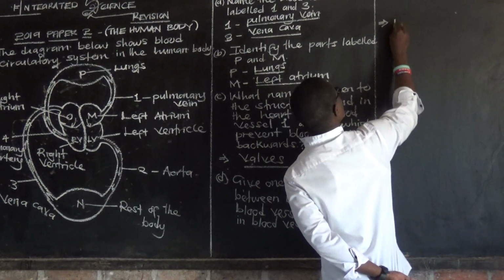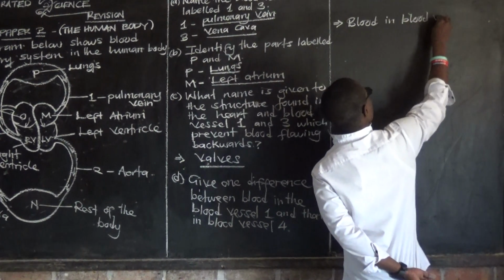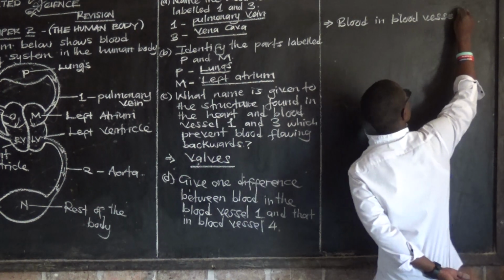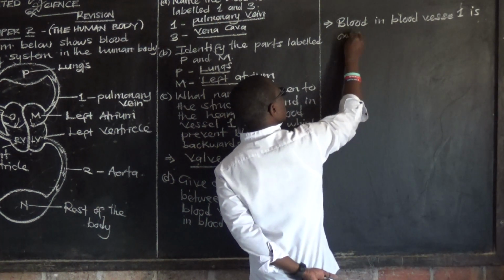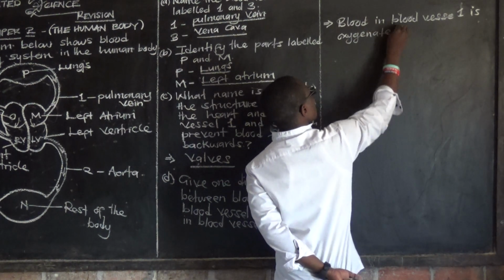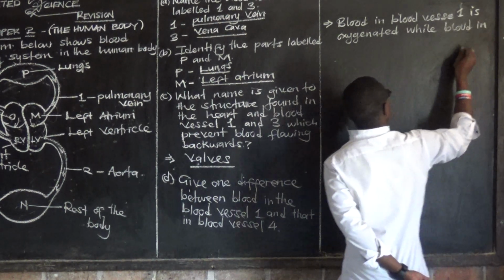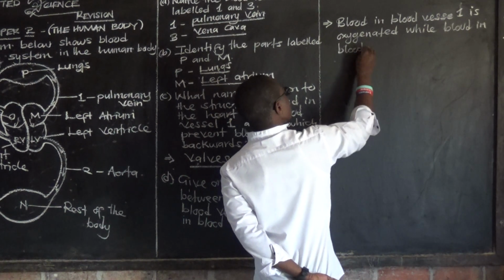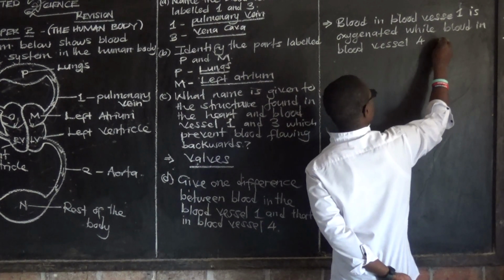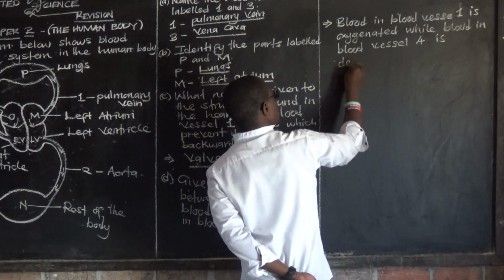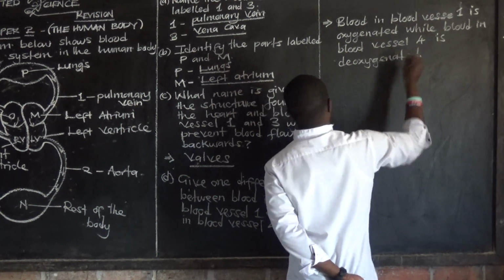So you say blood in blood vessel 1 is oxygenated, while blood in blood vessel 4 is deoxygenated. Are we together? As simple as that.